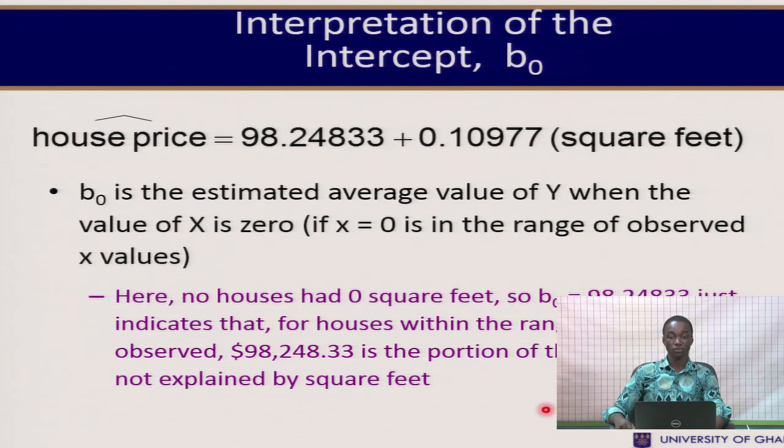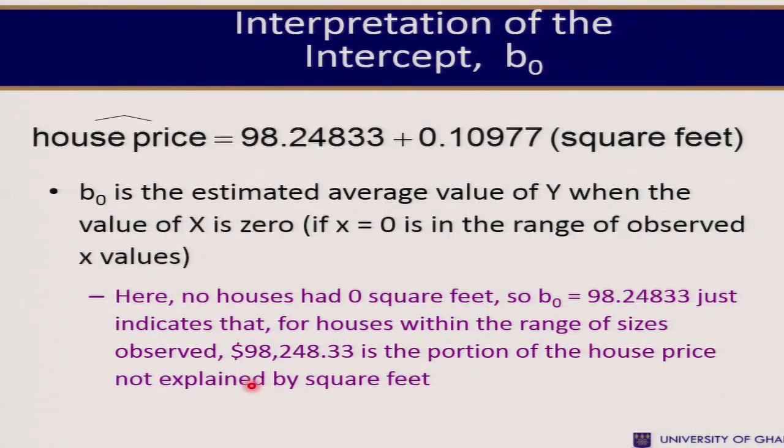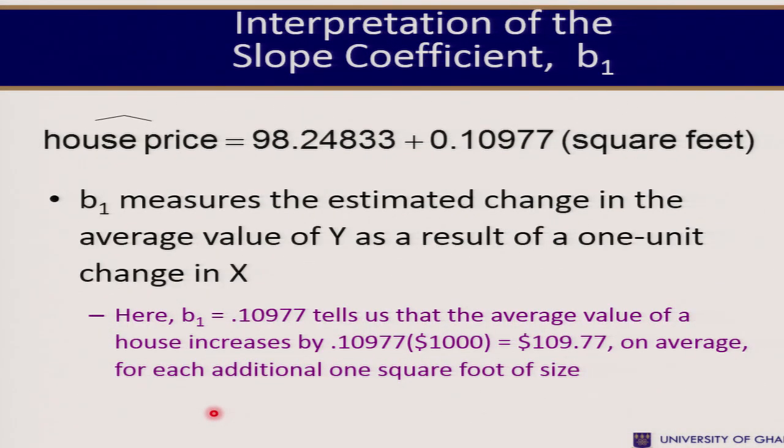Remember that the house price was given in terms of thousands, and that is why we've multiplied our 98.24 by 1,000. But what is of more importance is the interpretation of the b1. We said that the b1 measures the estimated change in the average value of y as a result of a unit change in x.